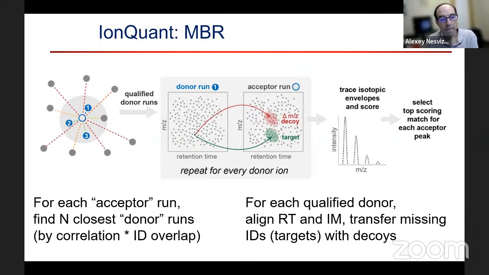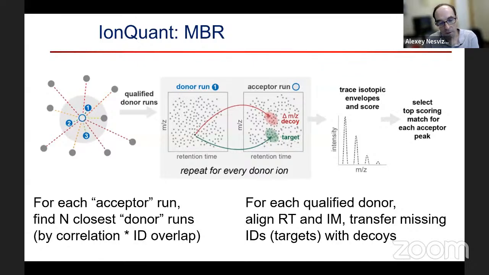You can have maybe hundreds of runs in a data set. So for each run, you would potentially have hundreds of donor runs from which you can transfer the ID. And you can either transfer from runs that are more similar to the acceptor run, or you can transfer from any run.